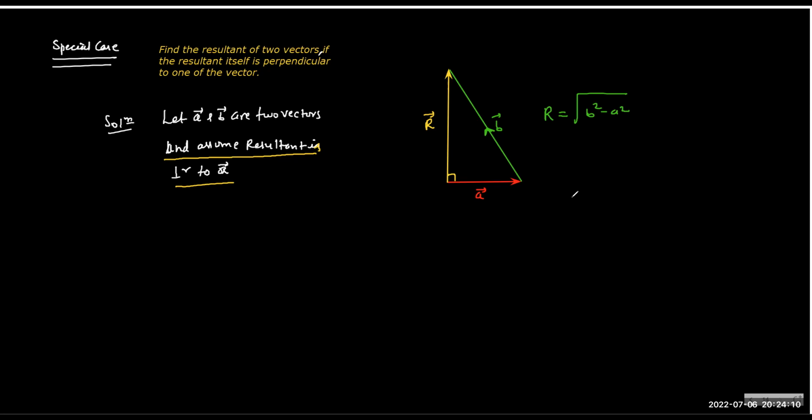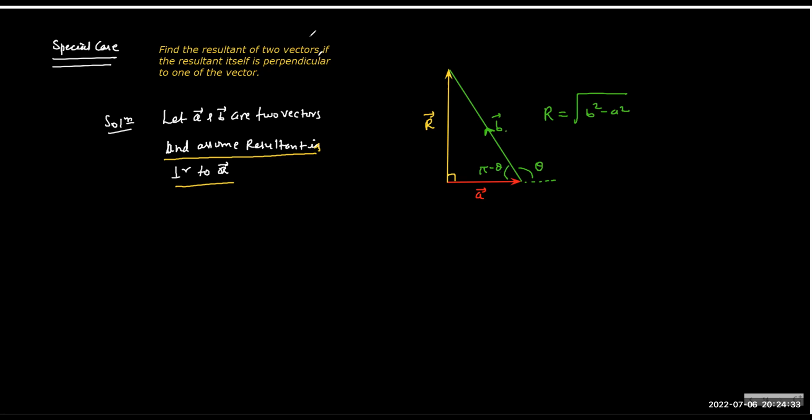By the way, what is the angle between A and B? This angle, inside or outside? It's outside. So let theta be the angle between A and B. What is this angle, the inside one? What is the relationship between A, B and pi minus theta?